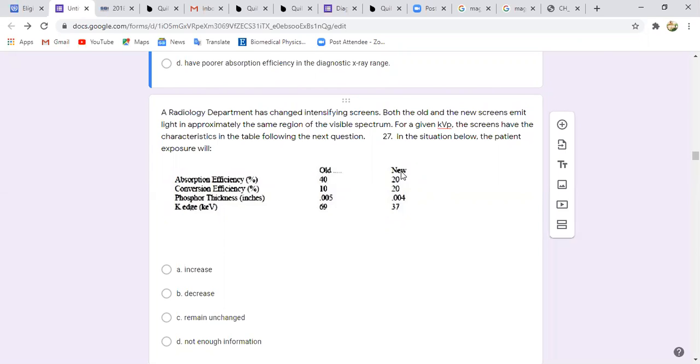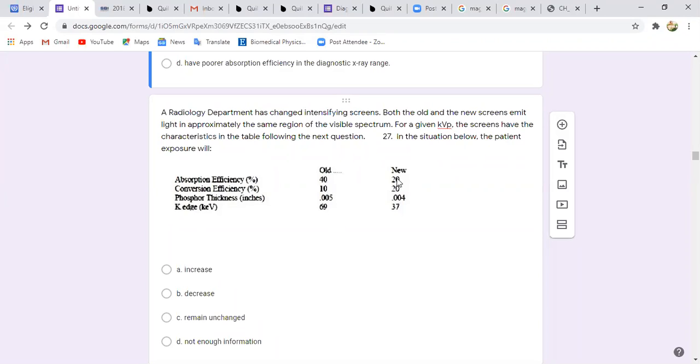We have to know this. The total efficiency of a screen film is the absorption efficiency multiplied by the conversion efficiency. If you look at these two systems, the efficiency is the same: 40 times 10, 20 times 20.